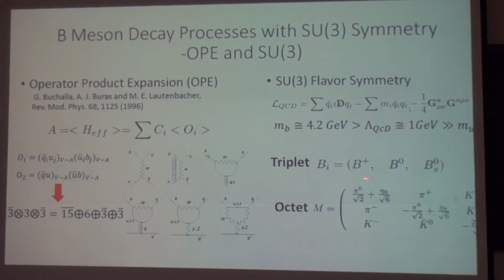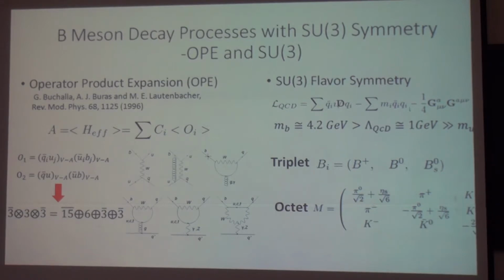The u, d, s quark is a triplet and the b quark is a singlet. So when we combine these two, we get a triplet. And if we combine two light quarks, we can get another famous multiplet, which we call the meson octet, for the light quarks.